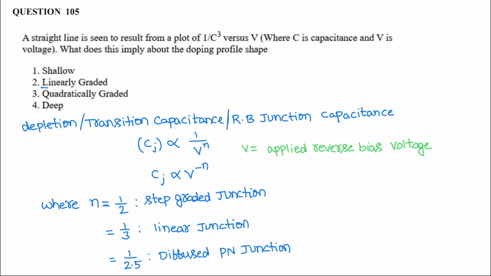We know that depletion capacitance, transition capacitance, or reverse bias junction capacitance Cj is directly proportional to 1 by V power n, or Cj is proportional to V power minus n, where V is the applied reverse bias voltage. Here n is equal to 1 by 2 for step graded junction, 1 by 3 for linear junction, 1 by 2.5 for diffused PN junction. In the question they have given 1 by C cube versus V plot.